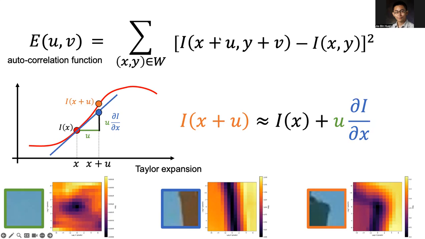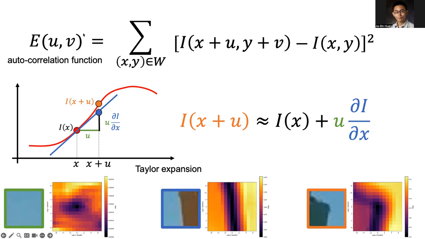The equation here is that I have a patch at I, and for every xy location, I look at the shifted patch, I(x plus u, y plus v). Basically, I take these two patches for every location within this window, compute the difference, and sum all the differences up.